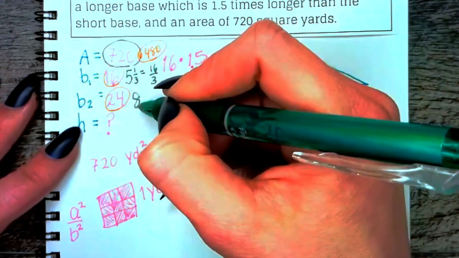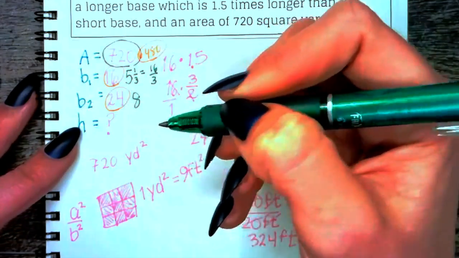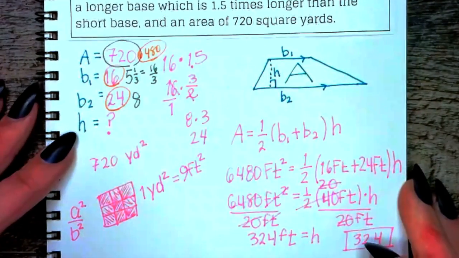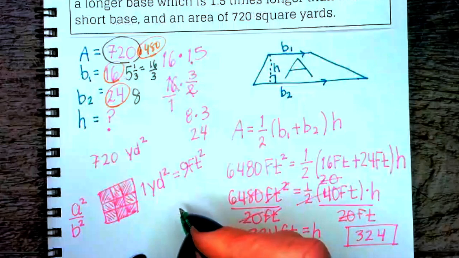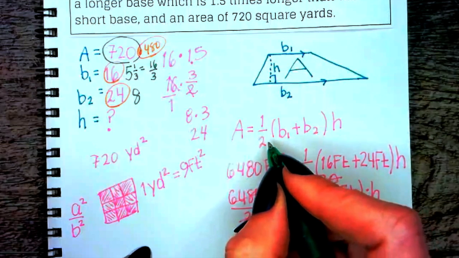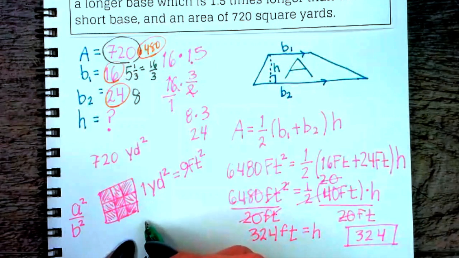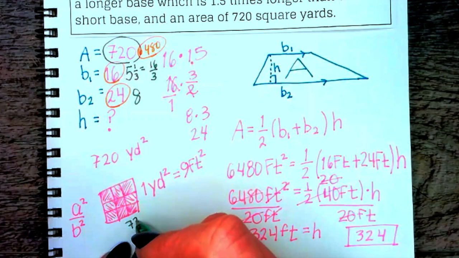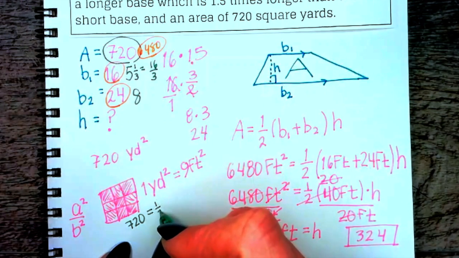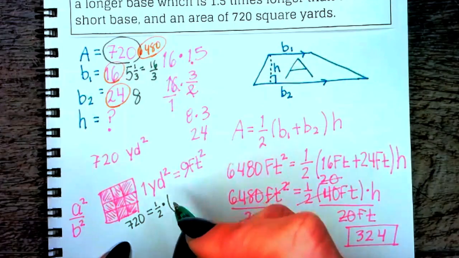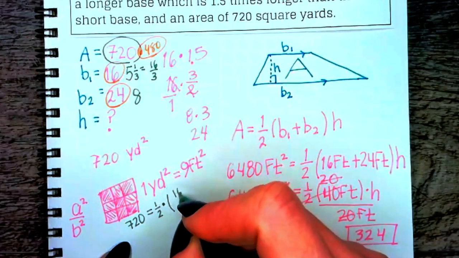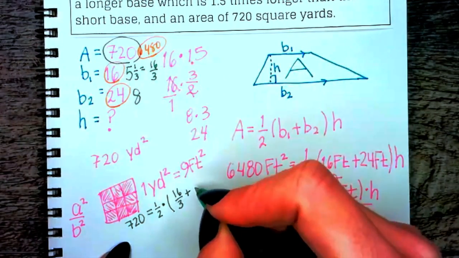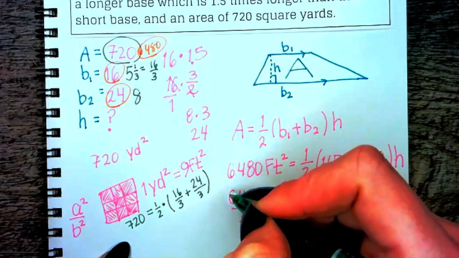I can do this problem with yards and then change the yards to feet in the last step. Let's look at it that way. Using the same formula, I'm just going to write it down here. 720 equals 1/2 times base 1 plus base 2. 16 thirds plus 8 is really 24 thirds times the height.